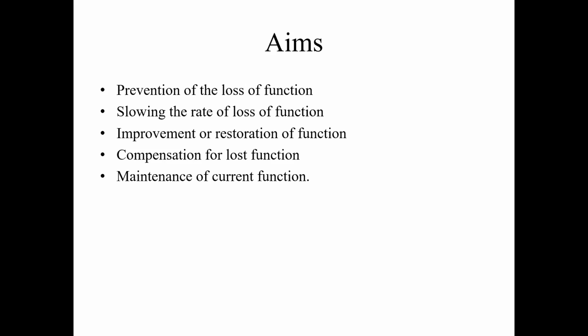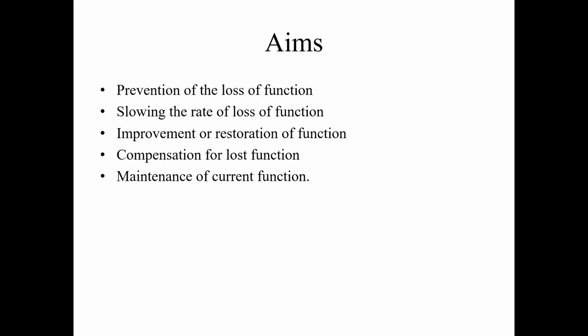Third is we will try to improve or restore the function. Whatever function or mobility is affected, we will try to improve it. So that is our third aim. Fourth, if we are not able to prevent the deformity, we give them some compensation so that they are able to do the particular activity.